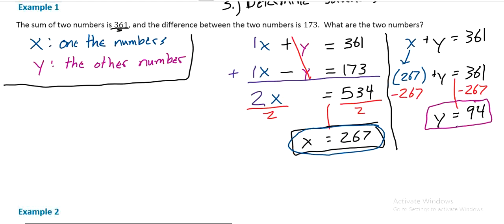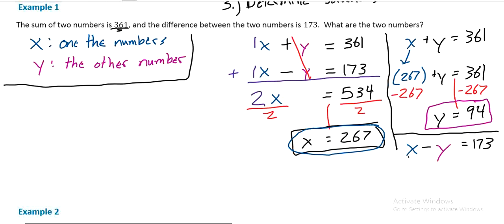Now, normally I would just do a check to make sure that this works using the other equation, but I especially want to do this with word problems, because in word problems you always want to take a step back afterward and make sure that the values you found make sense. So in this case, we have to make sure that the difference between the two numbers is positive 173. So just remember that we're doing x minus y, and that's supposed to equal 173.